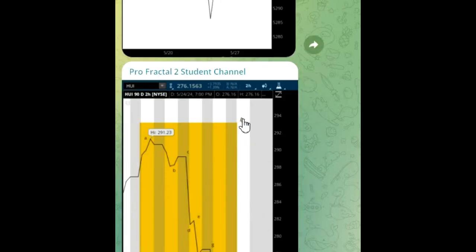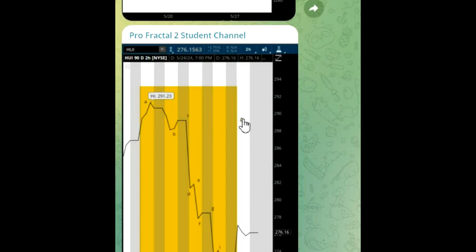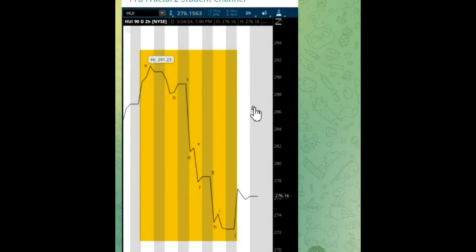Now on HDY, very interesting. We have the growth fractal here. 1, 2, 3, 4, 5, 6, 7, 9. Generally the 9 will hold, but sometimes you might get a 9. So we got a 9 here, and it has turned.